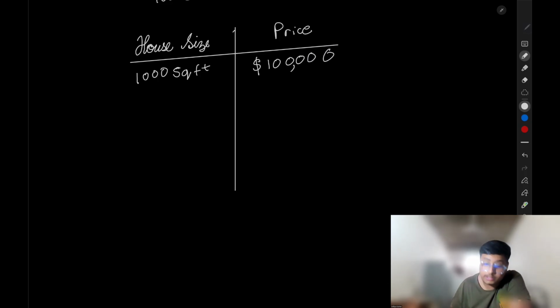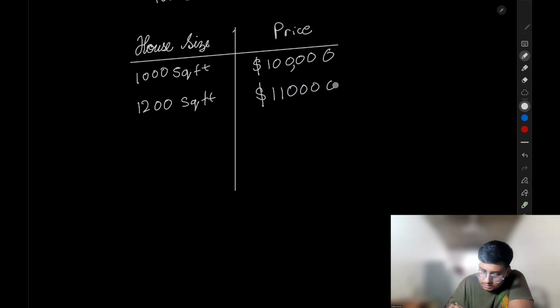$100,000. If the size increases to 1200 square feet, let's say its price goes to $110,000.